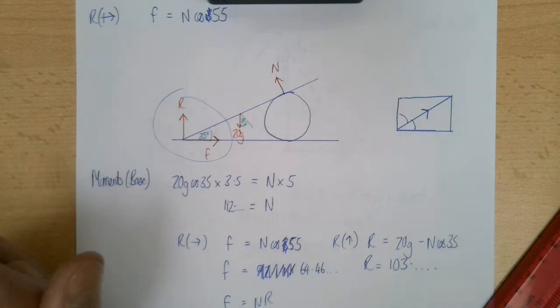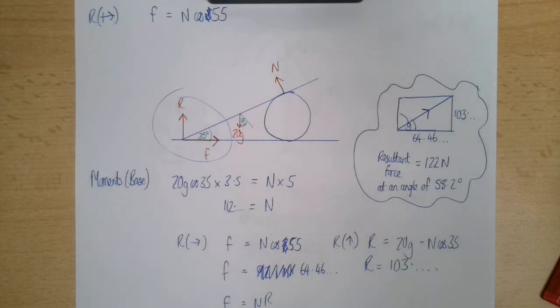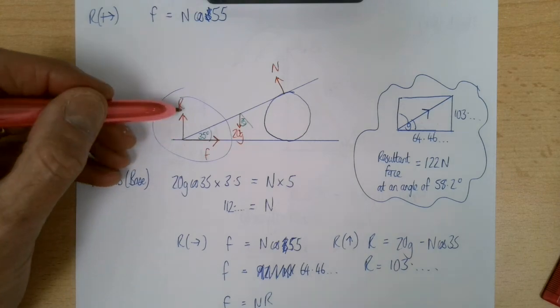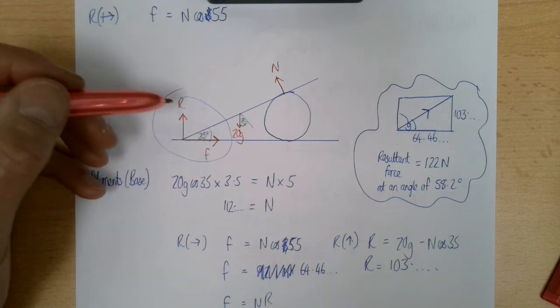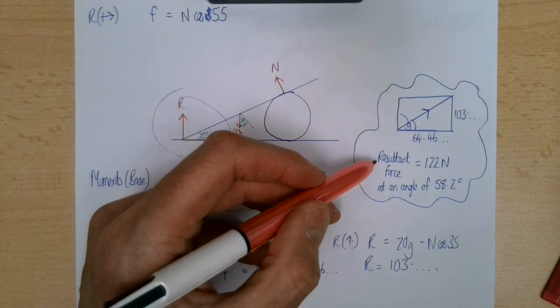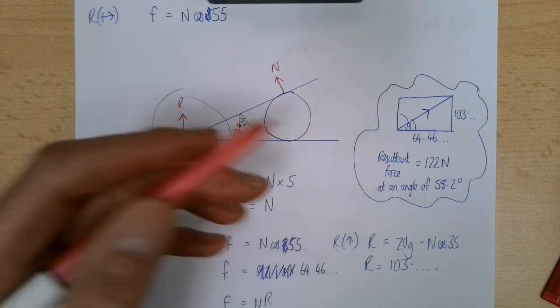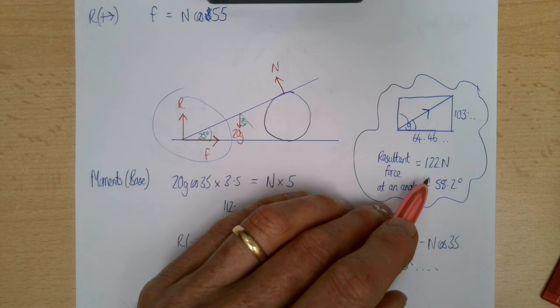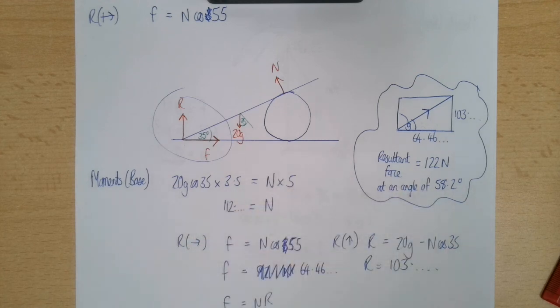And I want the direction as an angle to the horizontal. Okay, pause and have a go. Okay, so hopefully you got that. So yeah, we've got these two separate forces, the reaction force and the friction force, which we could combine to say, right, so the resultant, the combined effect of those two forces is this at an angle of this.